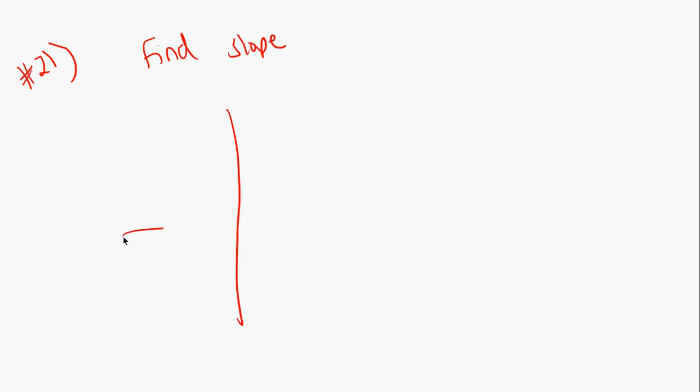Okay. Number 21. It says find the slope based on the picture. So we've got our xy plane, and this is the graph they give us. It's a straight horizontal line.